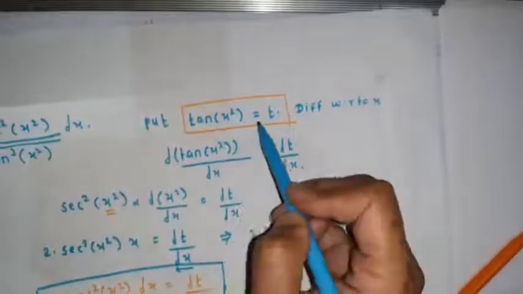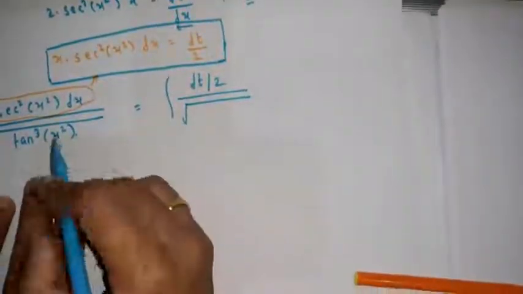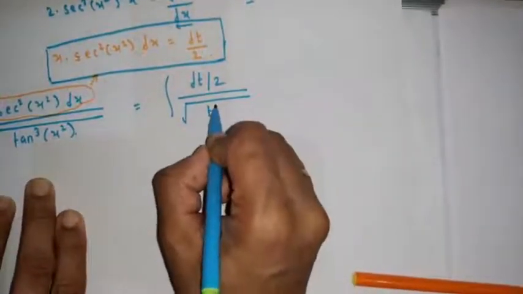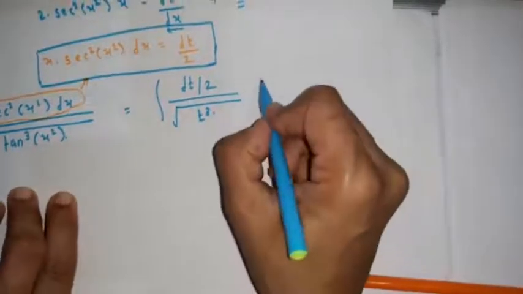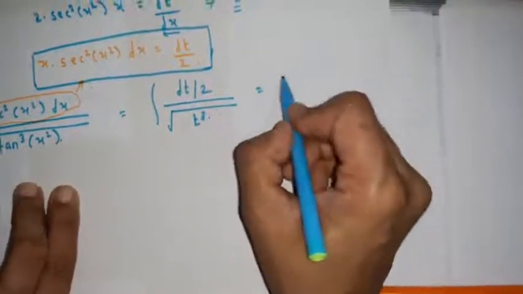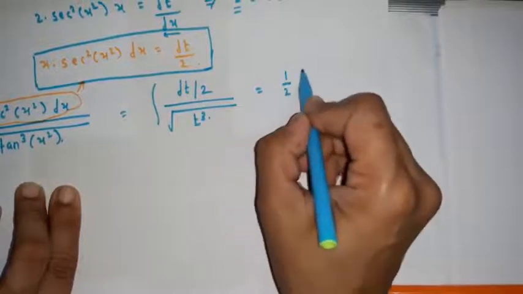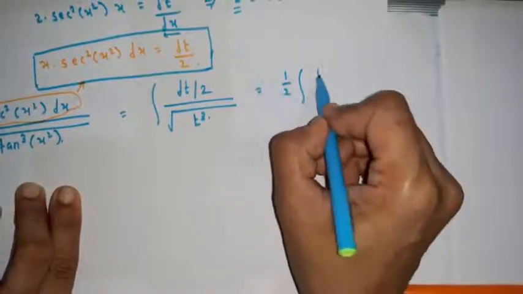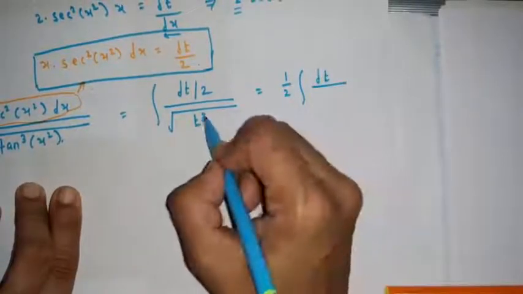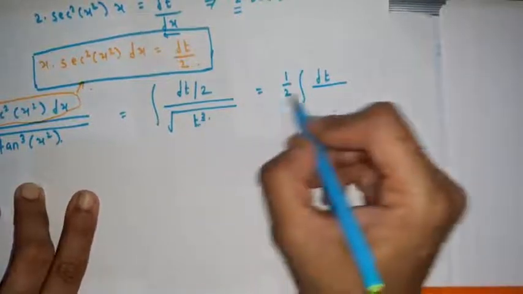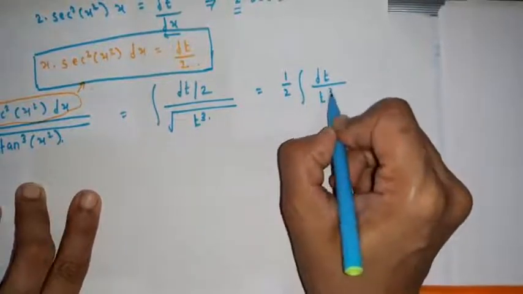Tan of x square equal to t, and here tan cube of x square becomes t cube, so the square root of t cube. Hence this is equal to 1 by 2 as a common factor taken outside, dt upon the square root of t raised to 3, which means t raised to 3 by 2.